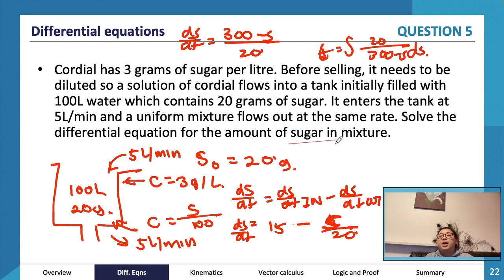So then what we're going to get here is that this part at the bottom is going to have a negative out front, and we're going to have ln of our 300 minus our S, so negative 20 ln of 300 minus S. And that's going to be equal to our t value.